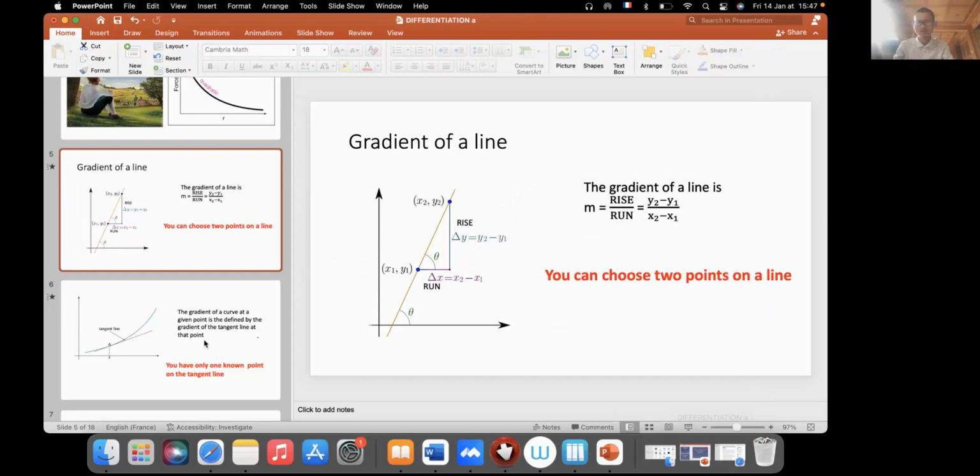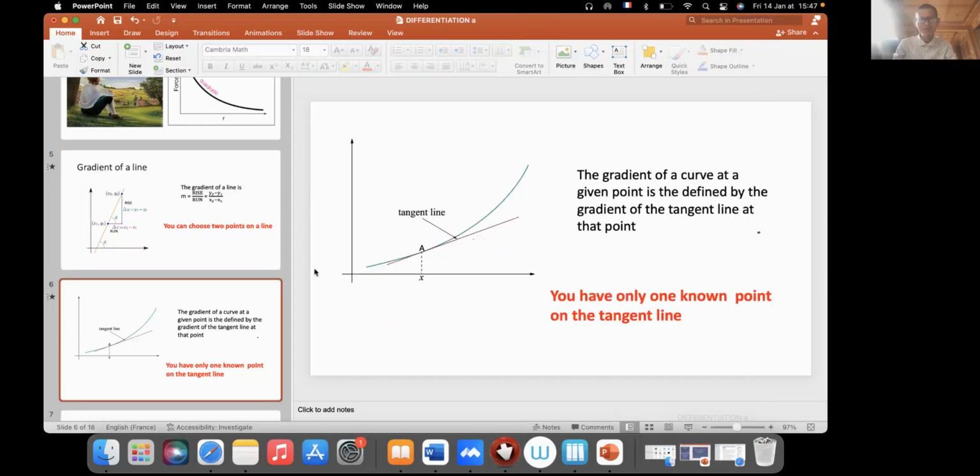This method can't be transferred. Why? Because this gradient depends on the point on the curve we choose. If we choose another point, we then get another second line, and the gradient usually changes, right? So this way can't be used to characterize the gradient at this point.